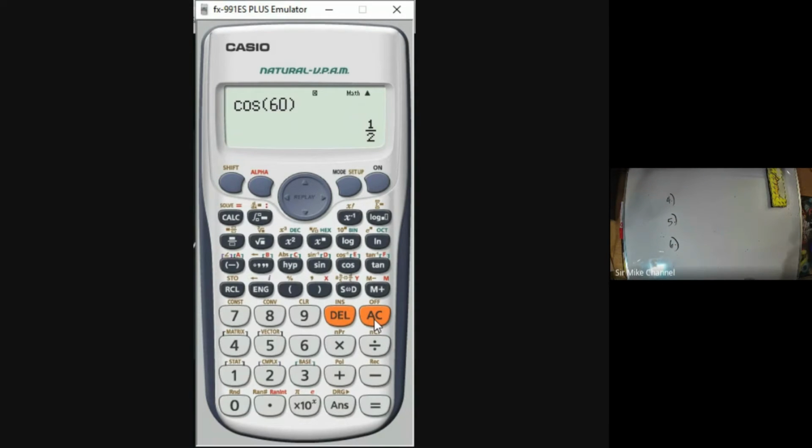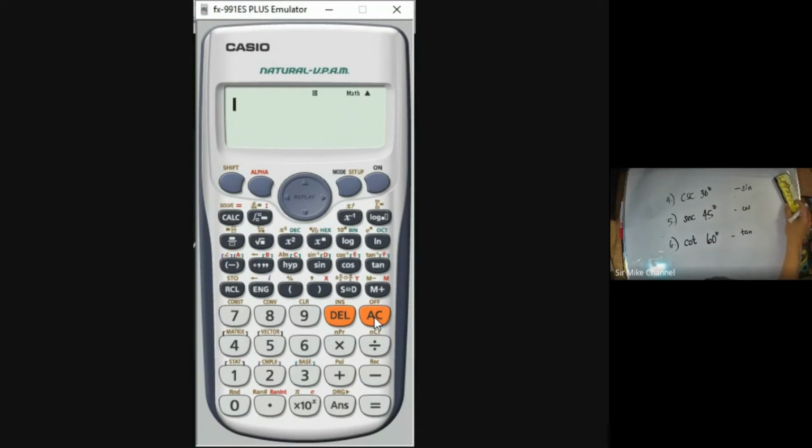Meron tayong cosecant 30 degrees, secant 45 degrees, cotangent 60 degrees. Ito yung mga given natin. So, example number 4, if the given is cosecant 30 degrees, ano bang reciprocal ng cosecant? Di ba is sine? Ang secant is cosine. Ang cotangent is tangent.